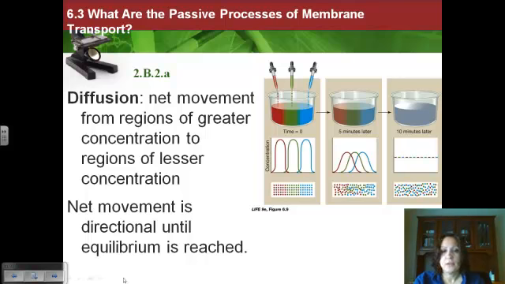So here we have all of these inks that have been put into this beaker, and so we have the red all in one area, the green all in one area, and the blue all in one area. And if we let this sit, over time, molecules are going to move from where there are more of them to where there are less of them until you have a random distribution of the molecules. Again, it's not like movement's going to stop, but there's not going to be any net directional movement at that point.